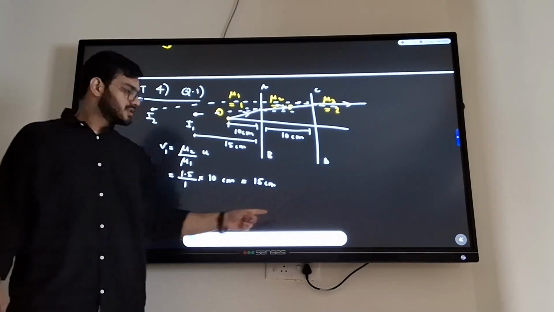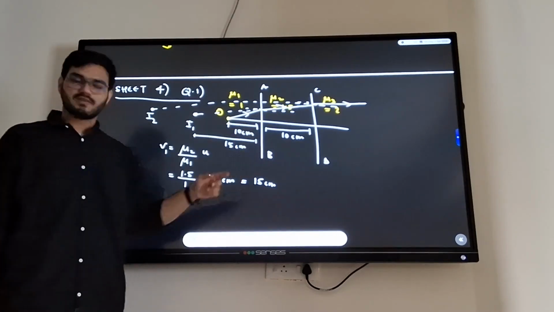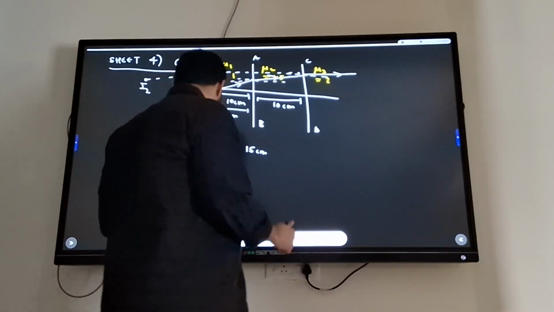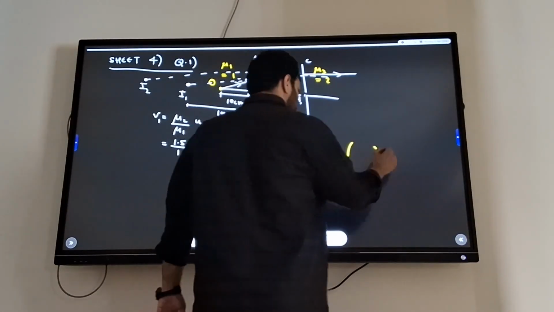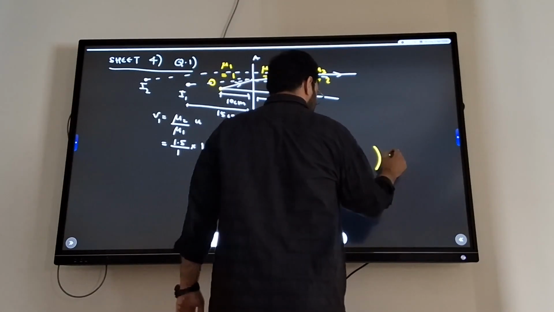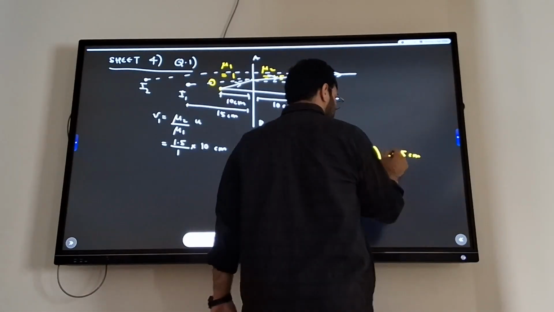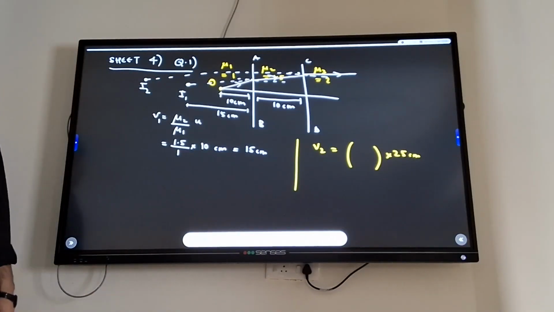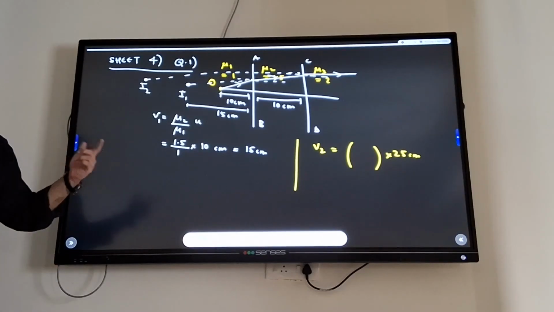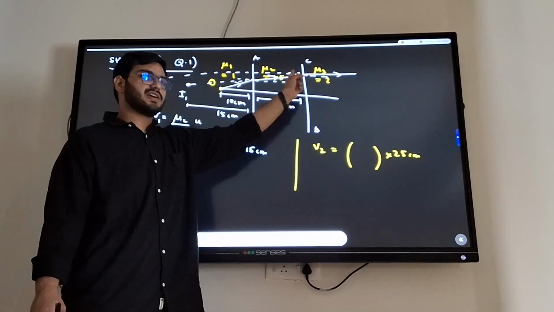Should I write mu2 by mu1 again here? What should I write for V2? What is V2 equal to? Should I write mu2 by mu3? Should I write mu1 by mu3? Mu3 by mu1? It should be mu3 by mu2, because the refraction is happening at this surface between these two.